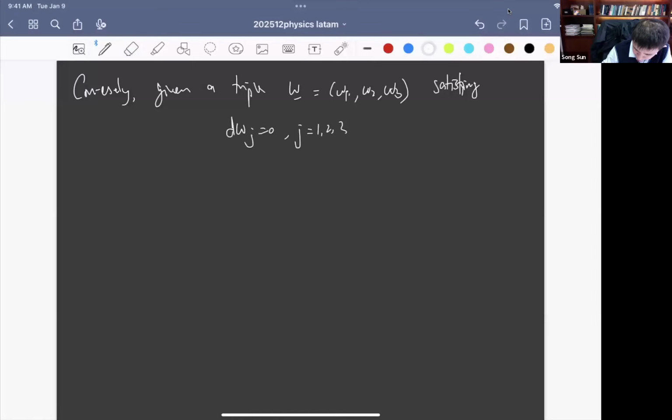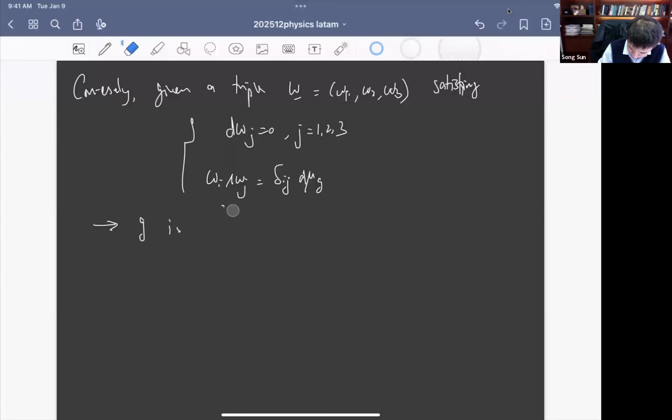So conversely, given a hyperkähler triple, given a triple omega 1, omega 2, omega 3, satisfying the equation d omega j equals 0, j equals 1, 2, 3, and omega i wedge omega j equals delta ij d mu g, then we want to say this metric g satisfies Ricci equals 0, Ricci flat, and W plus equals 0. So it's equivalent.